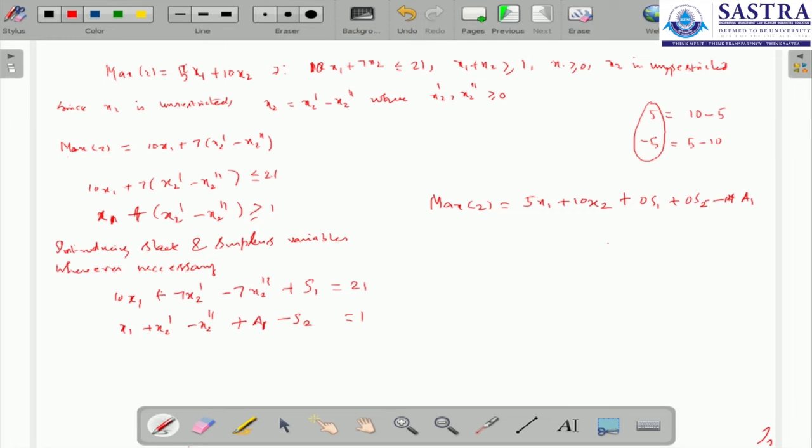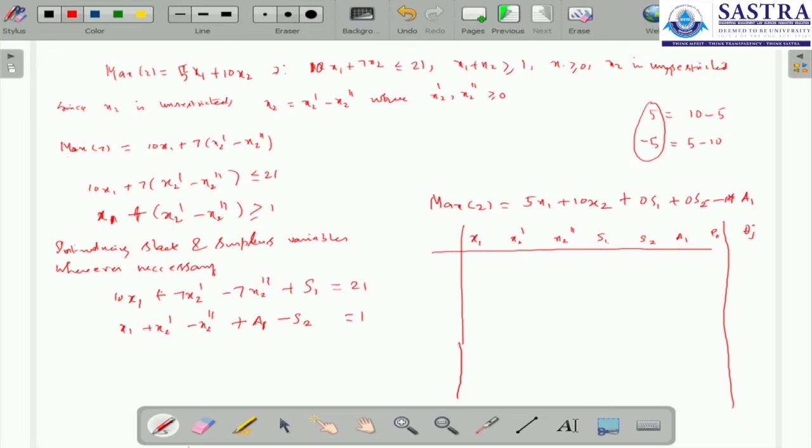So, let us draw a simplex table now. The columns are x1, then x2', then x2'', then s1, then s2 together with a1, then the P naught solution column, then the ratio column theta j. In between P naught and this one, the operations are going to take place.